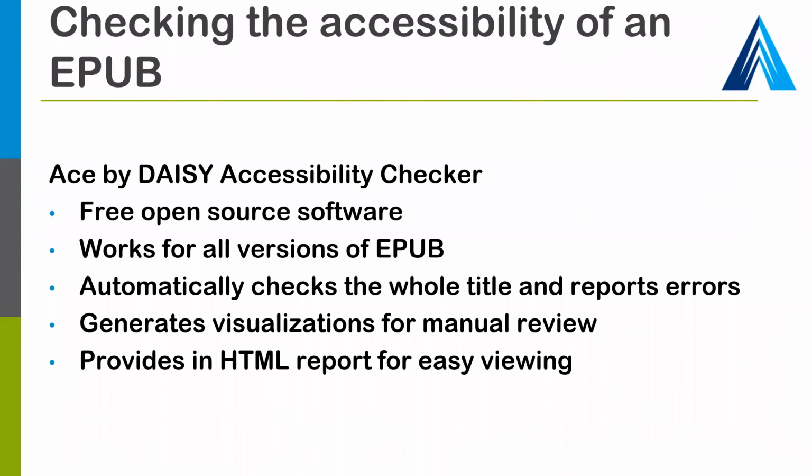It works on all versions of Epub, and it checks the whole title for accessibility. And there's many things that can be checked automatically, and there are things that need to be checked manually. And in the accessibility report that's generated, we provide data visualizations of things like the images, the metadata, the whole structure of the book so that it's properly nested headings and so on.